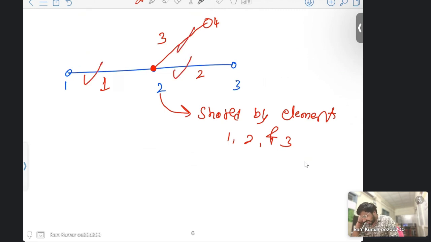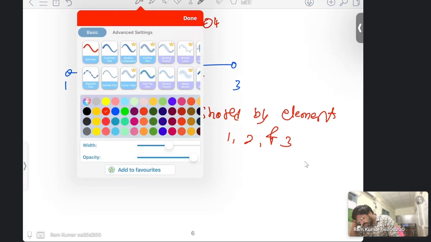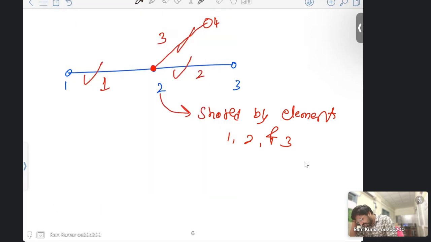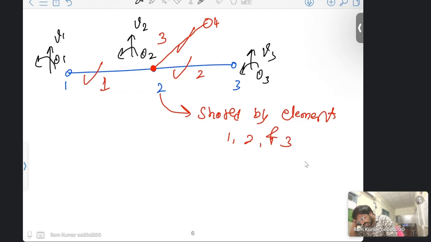But what we are saying is that each node has 2 degrees of freedom. So this is having theta 1, beta 1, theta 1. This is also having beta 2, theta 2. This is having beta 3, theta 3. Then beta 4, then theta 4.